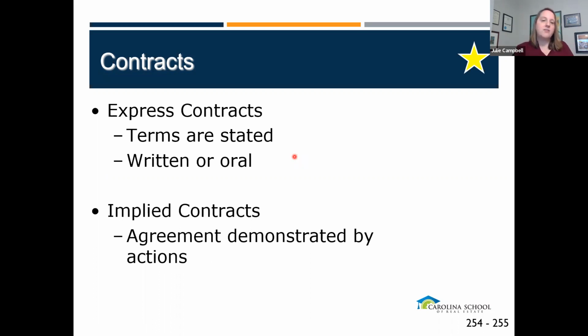Implied contracts is an agreement based on your actions. How you act can create a contract. Picture this. Let's say tomorrow night you go out to dinner. You go to a restaurant, they sit you down, server comes over, takes your order, places your order in the kitchen, they prepare your food.